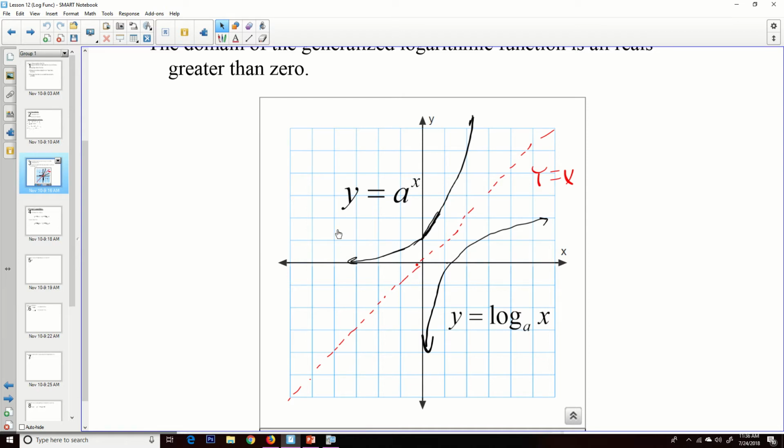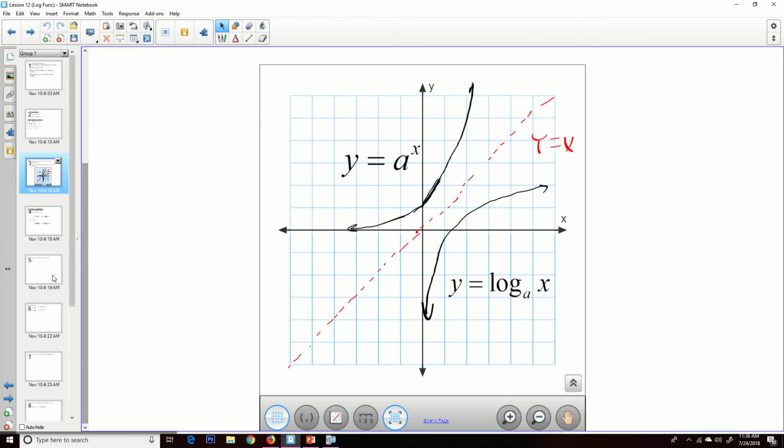All right, so we get our graph, and again, we see that anytime that you do an inverse, it's a reflection about the line y equals x. So y equals a to the x becomes the logarithm function log base a of x. And so we get that. Now, there are two consequences of this.